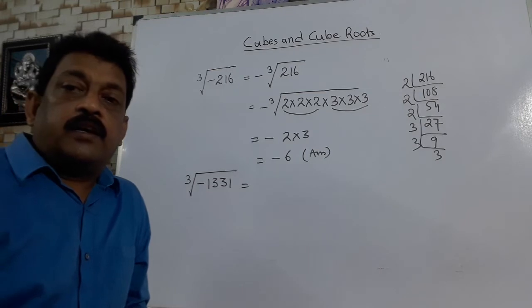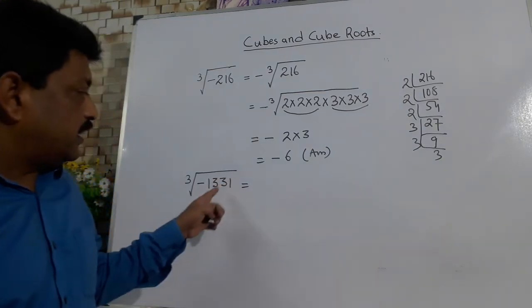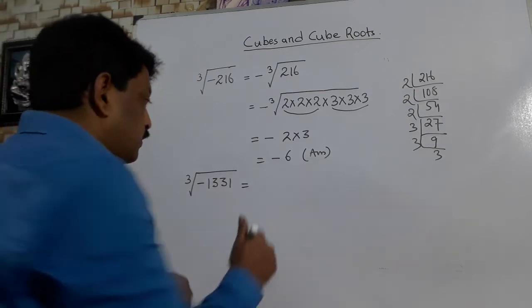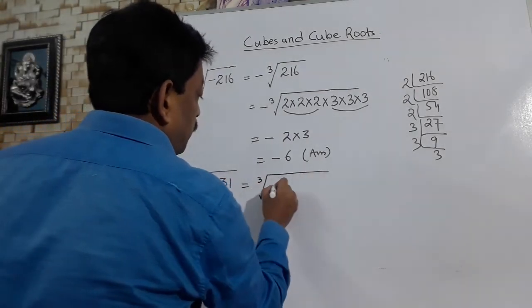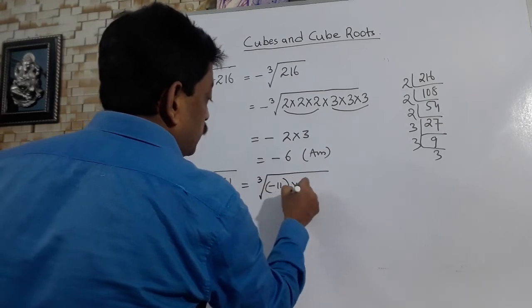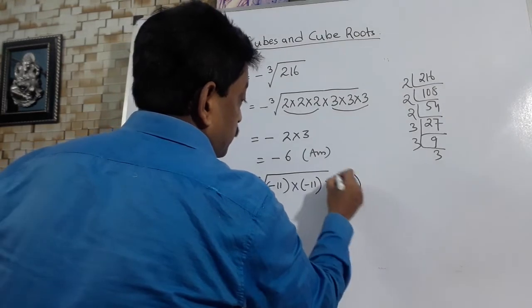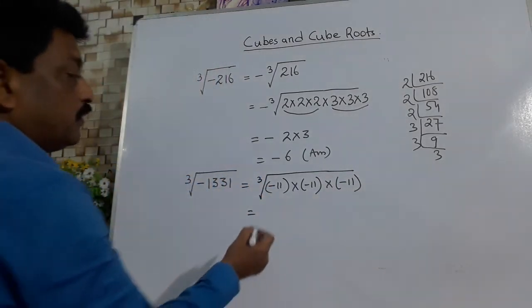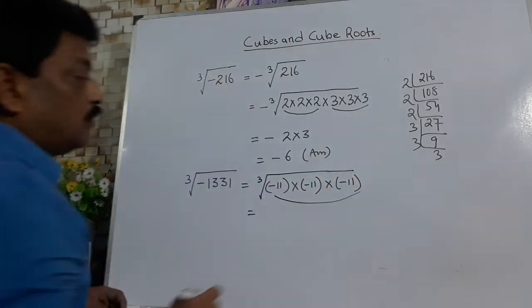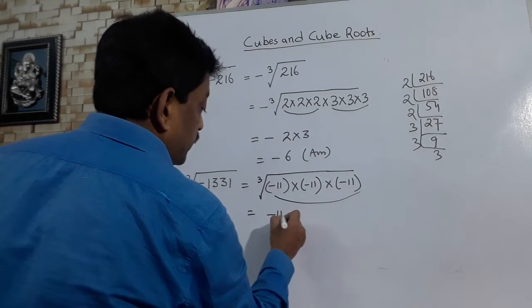That is, if we multiply 11 three times, 11 into 11 into 11, we will get 1331. So it can be written in this form also: minus 11 into minus 11 into minus 11. Since it is forming a triplet, one member will come out of the triplet. Therefore the answer will be minus 11.